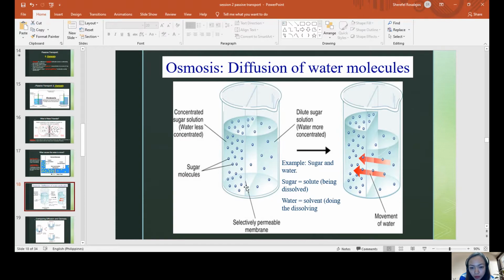So this is semi-permeable, meaning just like the cell membrane, it allows what goes in and what goes out. This one has a lesser concentration gradient because there are lesser solutes present. Okay, so after the diffusion of water molecules, don't be confused that osmosis is diffusion of water molecules, meaning the water is what moves.